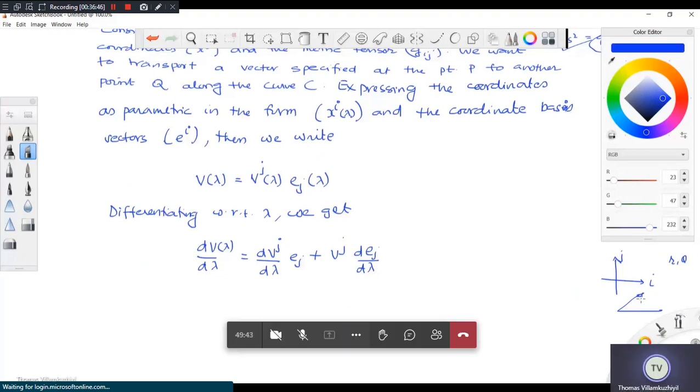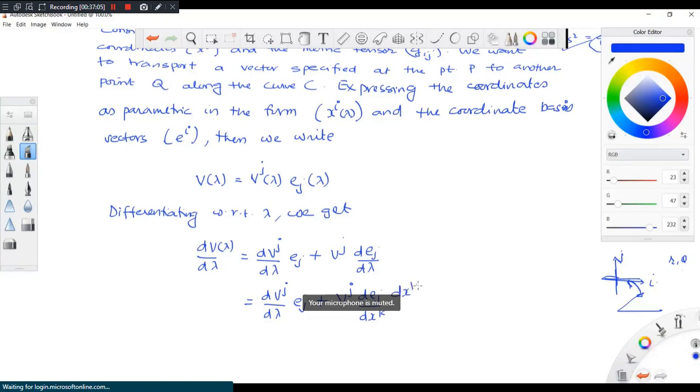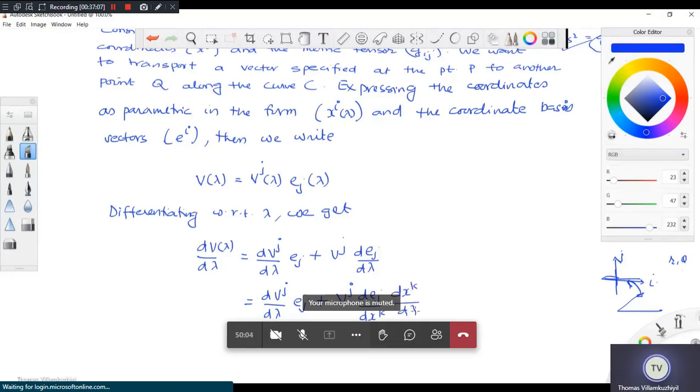Now this is equal to dVj by d lambda into Ej plus Vj, and this I write as dEj by dxk, then dxk by d lambda. I make a chain kind of thing: Ej through xk going to lambda.